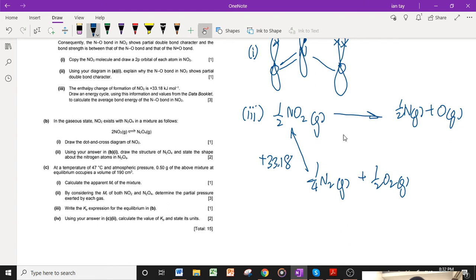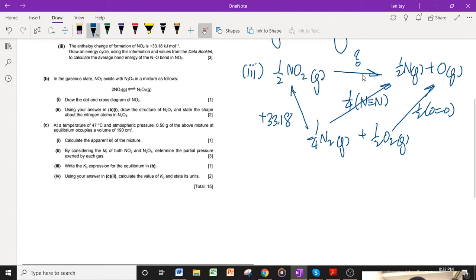And then we do know the bond strength of NN and the bond strength of the OO double bond. So we can thus get the answer very quickly.